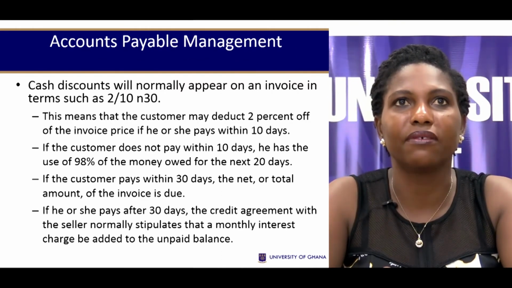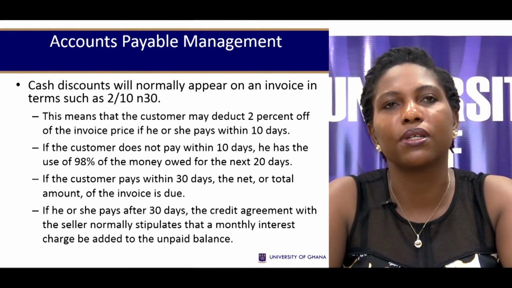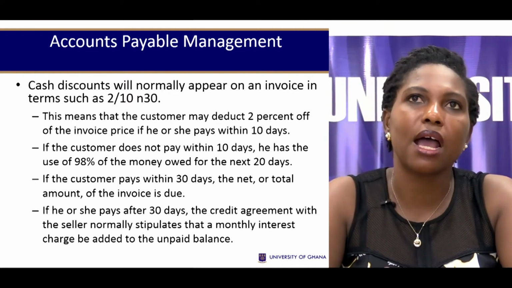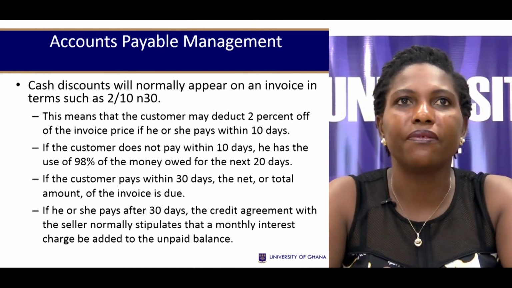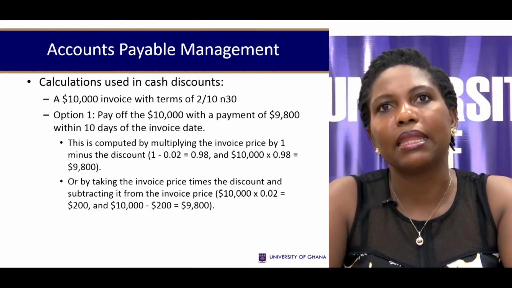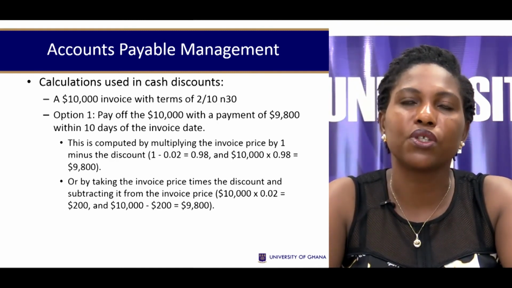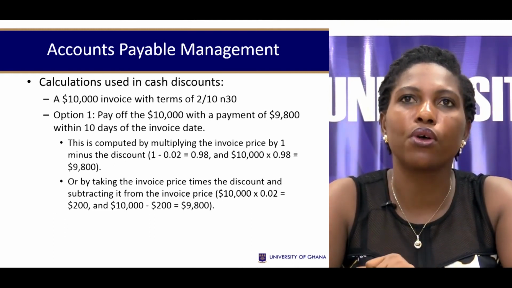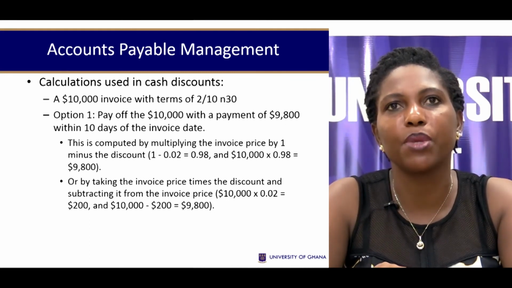So then we have, using the terms of payment, you can easily also determine the implications of foregoing cash discounts being offered by your suppliers. And if the cost of foregoing the discount is lower than available credit on the market or the interest rate on credit, then it is prudent that the firm borrows from the market to be able to take advantage of the discounts being offered.